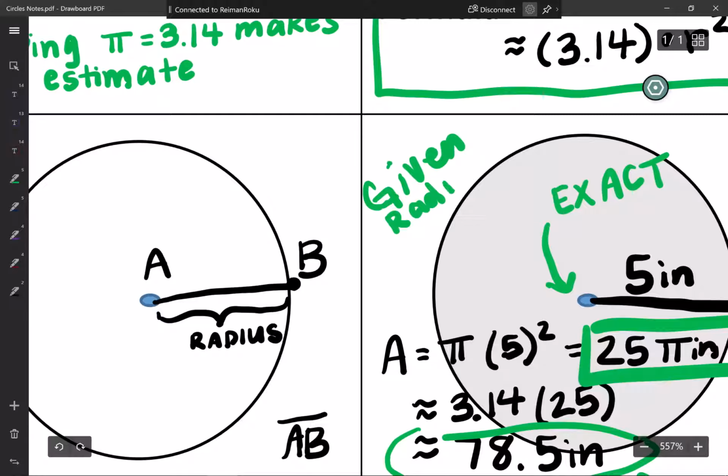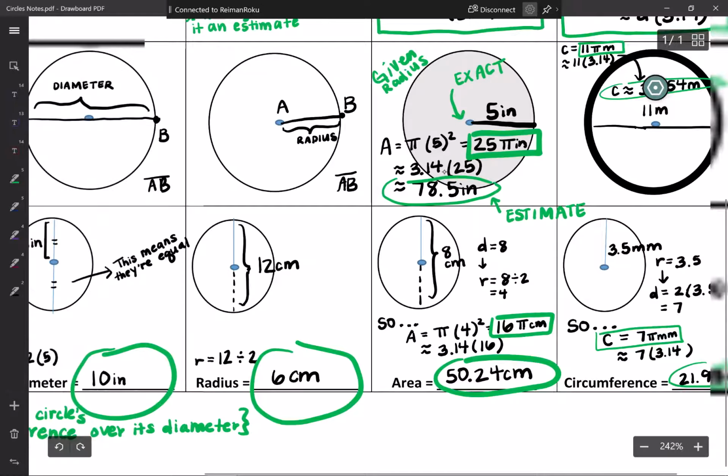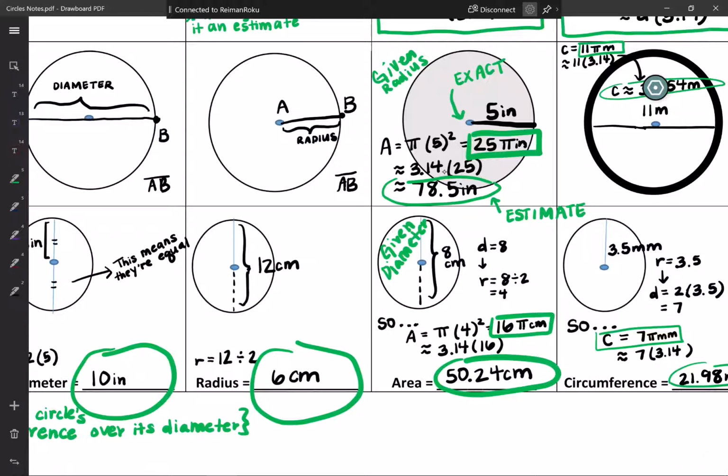And the one below is how you get area given diameter. I won't go through each step of my calculation because you can read through the steps that I wrote out. But as you see in both examples, I box the exact answer and I circle the estimate.